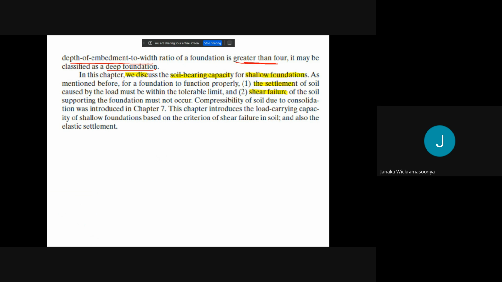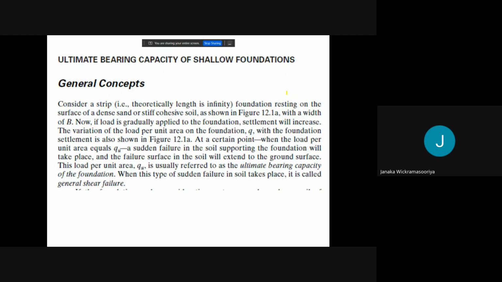But now we will be discussing the shear failure part. Right? For that, first we will see what is the ultimate bearing capacity, basically the maximum, of shallow foundations.